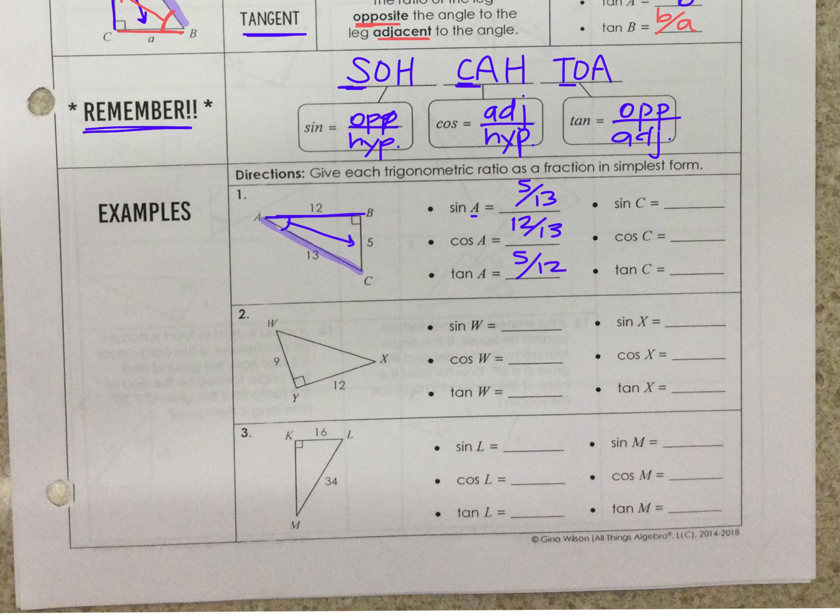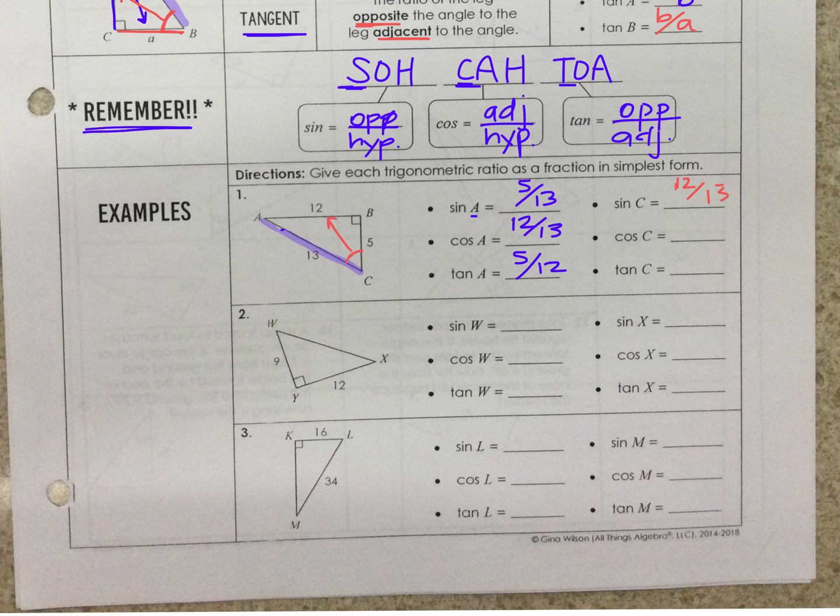Let's talk about C now. The hypotenuse stays the same. The sine of C is opposite over hypotenuse, so 12 is its opposite, 13 is that triangle's hypotenuse.